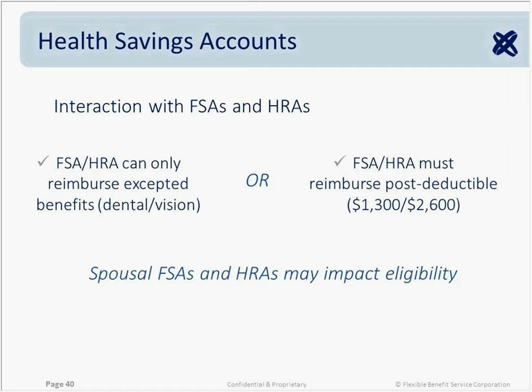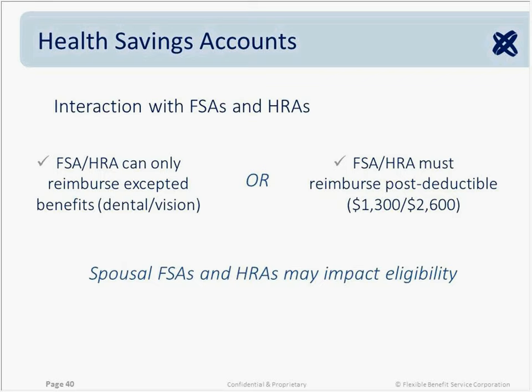Also, if the FSA or HRA is what we call a post-deductible FSA or HRA, one that doesn't kick in until after that minimum HSA HDHP deductible has been satisfied, $1,300 for single, $2,600 for family, you can then have both an FSA and or HRA along with an HSA.